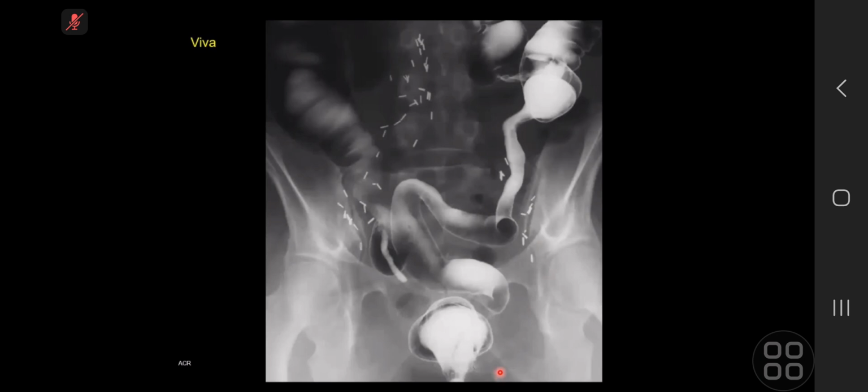Where I can see the sigmoid colon, it's featureless, it's narrowed, there's no fistula or diverticuli that I can see, and so I'm thinking whether this is a stricture which is secondary to post-radiation for what the patient had for the previous malignancy, which has now been surgically managed, and the patient's having radiotherapy.